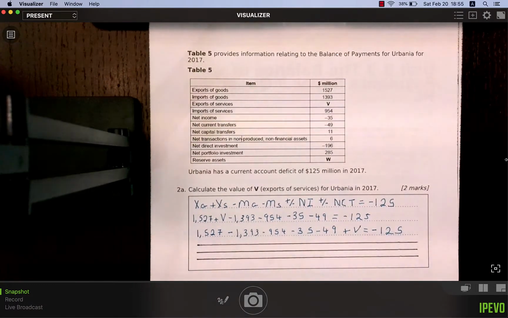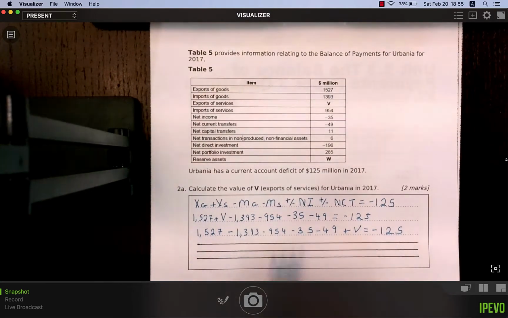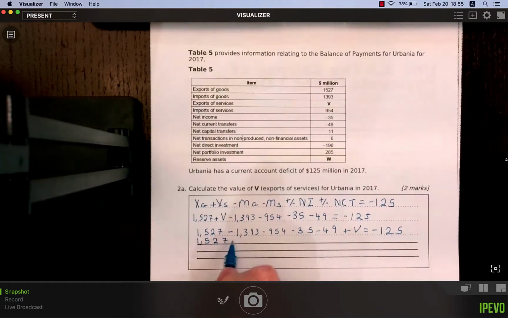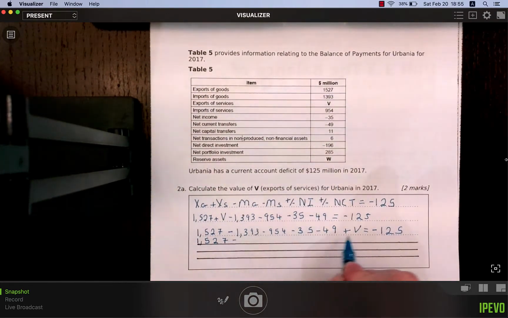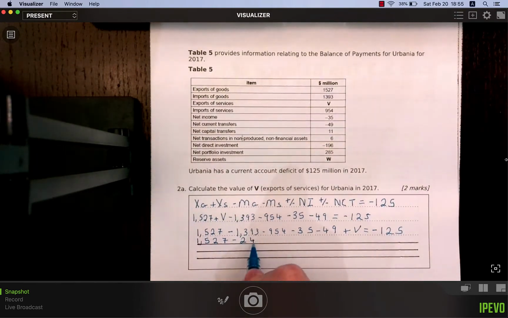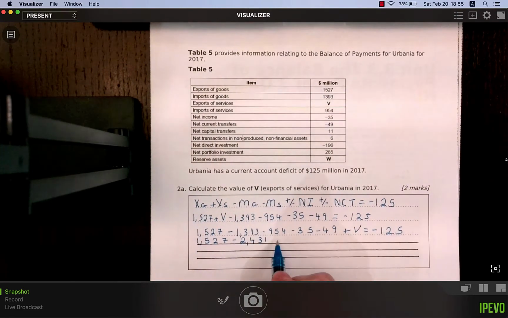Now I've added all of these minus numbers together. Of course, this 1527 is a plus. I'm going to say minus 2431 when we add all of these together, 2431. And then plus V equals minus 125.